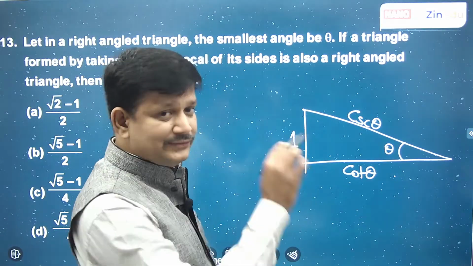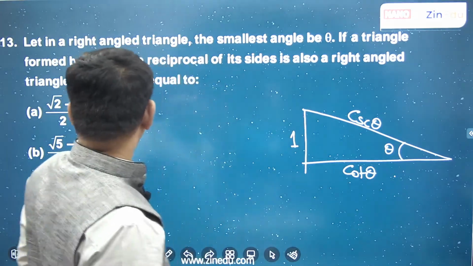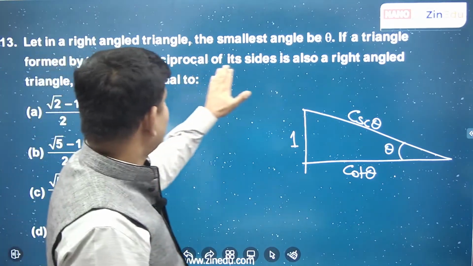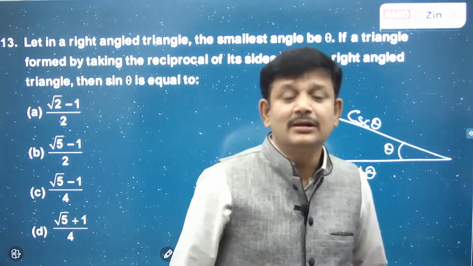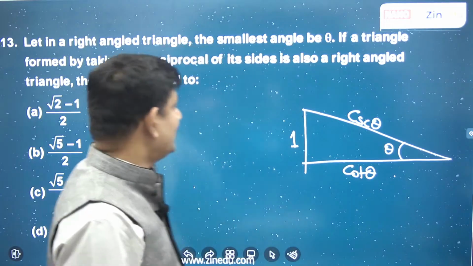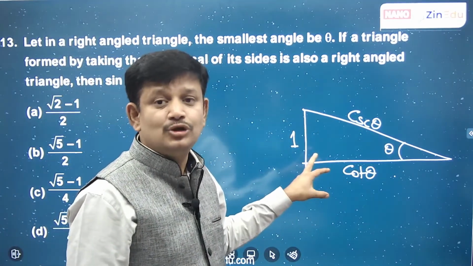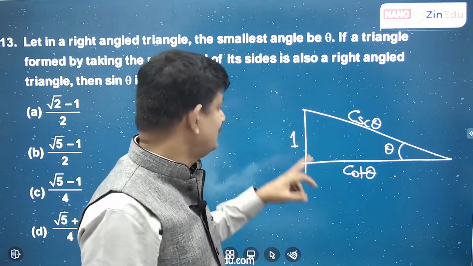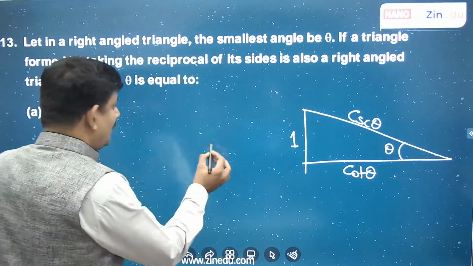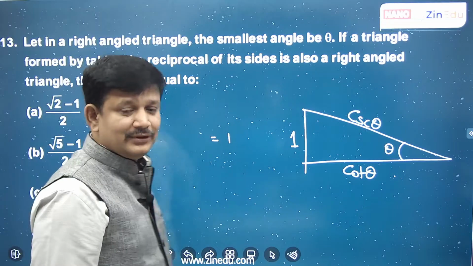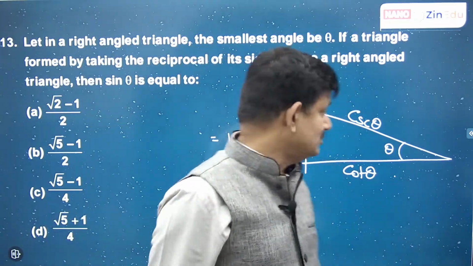Now you know the sides of the triangle. What is the information given? Reciprocals of its sides form a right angle triangle. In this, what is the smallest side? 1. So the largest side in the reciprocals will be 1 again. So hypotenuse will be 1 for the triangle which contains reciprocals of the sides.